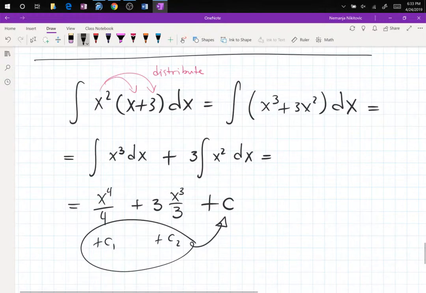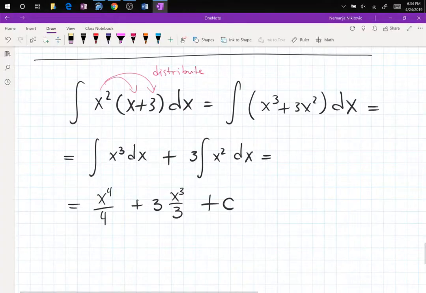So only 1 plus c per integration. These 3's will cancel for a total of x to the 4 over 4 plus x cubed plus c.